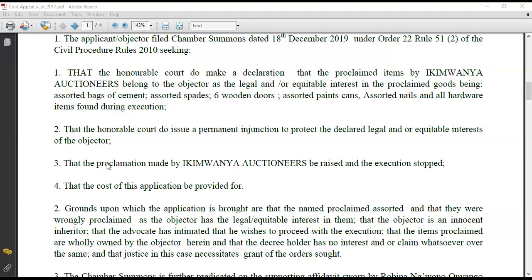Because by default, in civil procedure rules, many applications are done by notice of motion under Order 51, but there are specific applications which are done by chamber summons. So which are these applications?